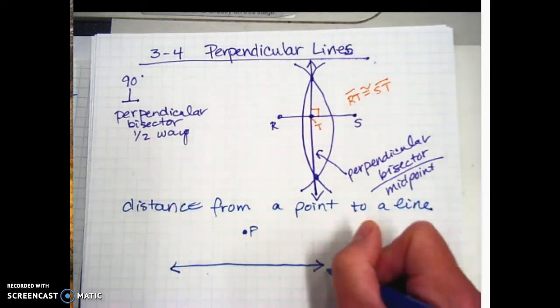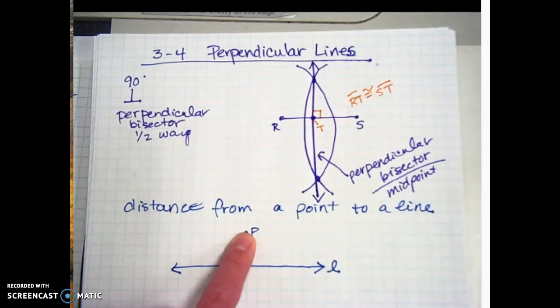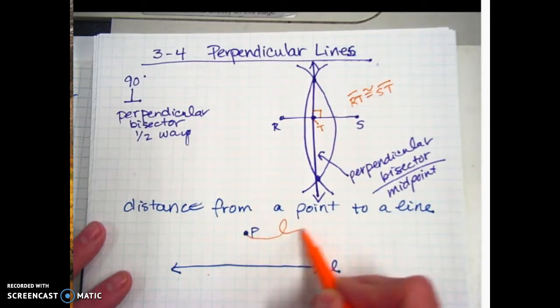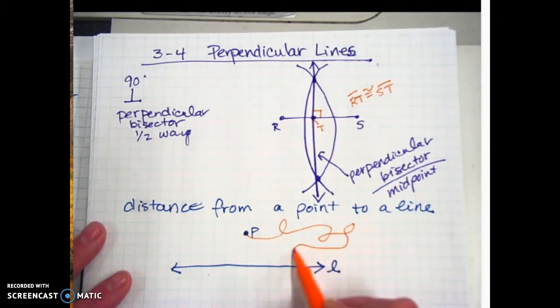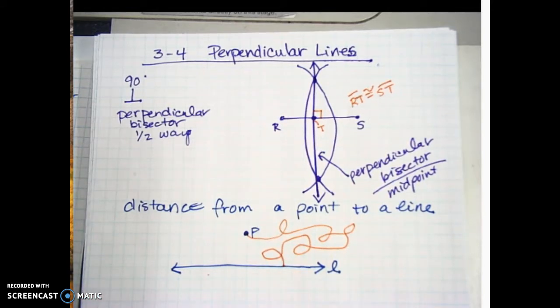We'll call it line L. Now, to get from point P to line L, you can take the long route. That route takes you a really long way.